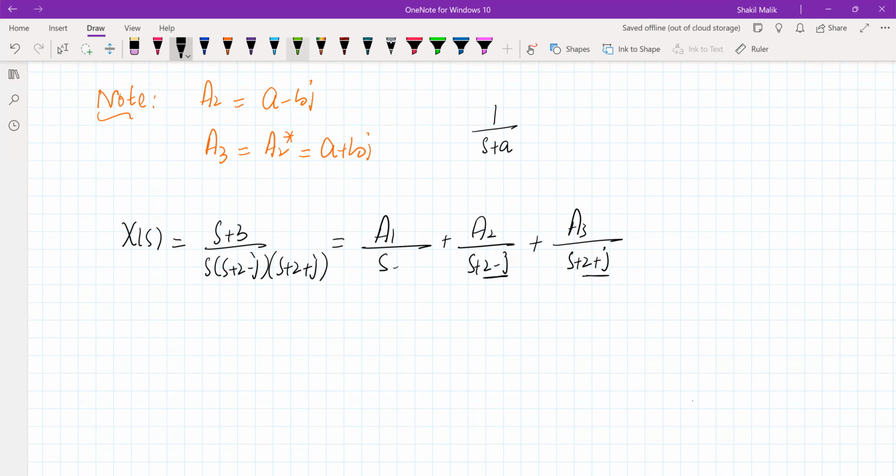Okay, substituting the values of A1, A2, and A3. So A1 is 3 by 5. Let me check one more time.